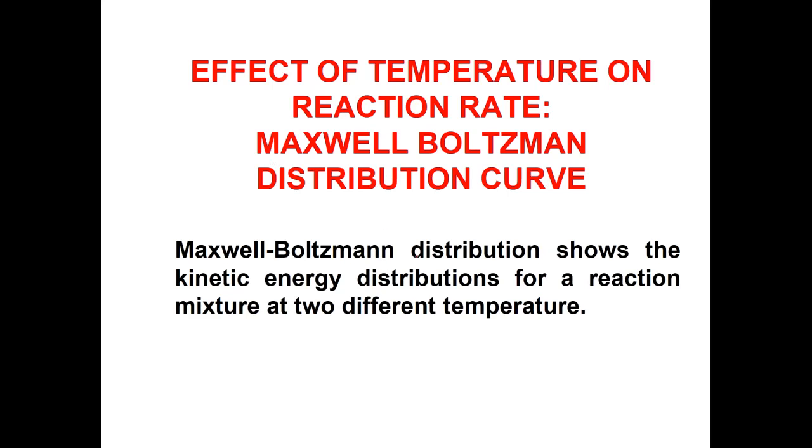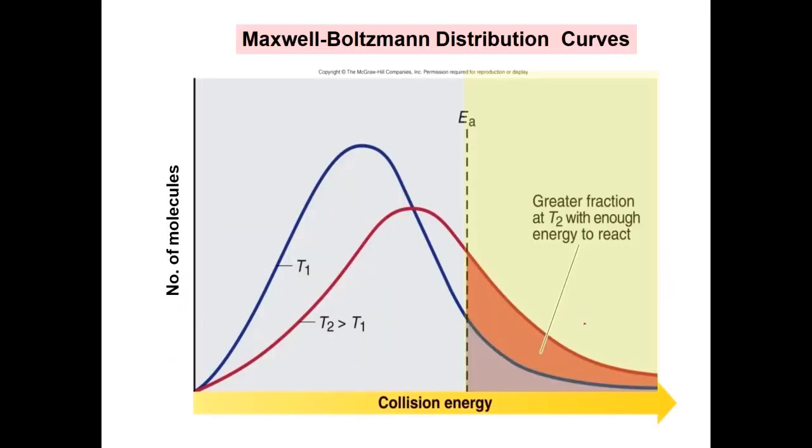The Maxwell-Boltzmann distribution shows the kinetic energy distribution for a reaction mixture at two different temperatures. For the Maxwell-Boltzmann distribution curve, we can plot the number of molecules versus the collision energy.